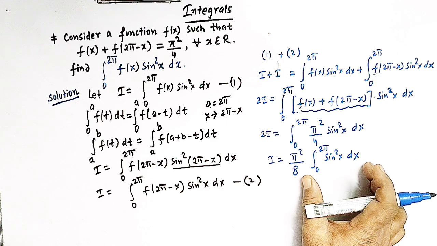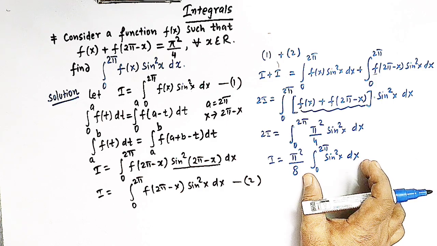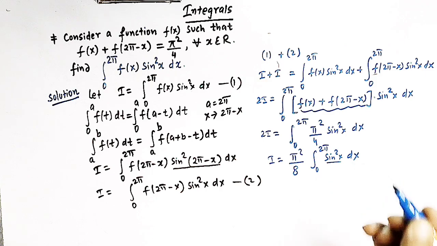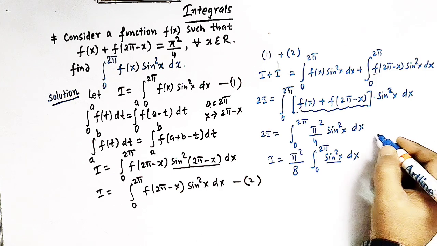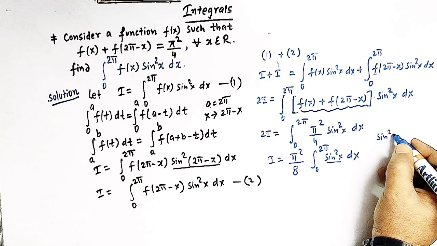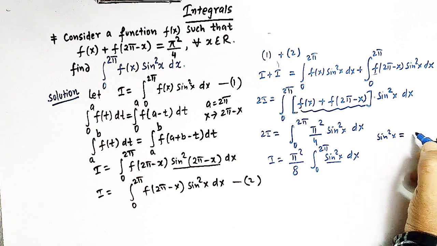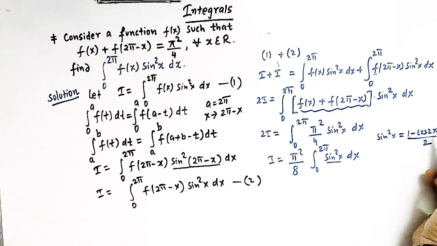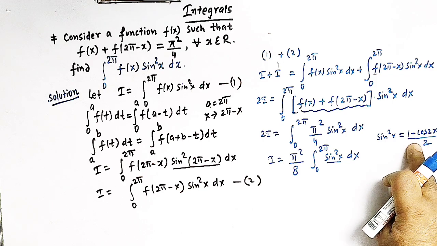Now we have to evaluate this integral. In order to evaluate it, let us make use of trigonometry: we know that sine square x is given by 1 minus cos 2x over 2. From the double angle formula for the cosine function, we have this result.